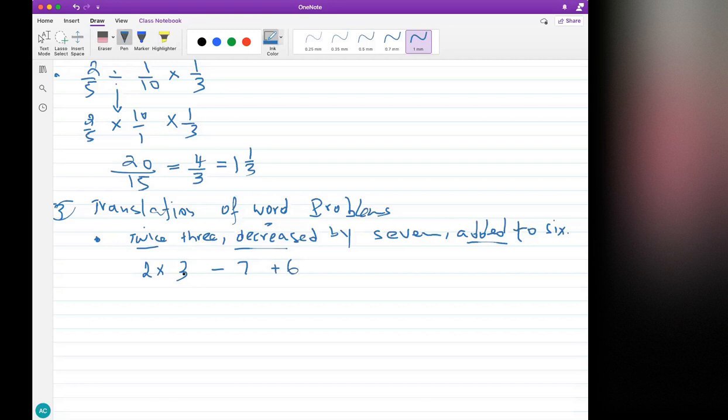Now, I'm going to use order of operations to simplify this. Which operation is done first again? Everybody, what is the first operation? Multiplication. Bring the other two down.